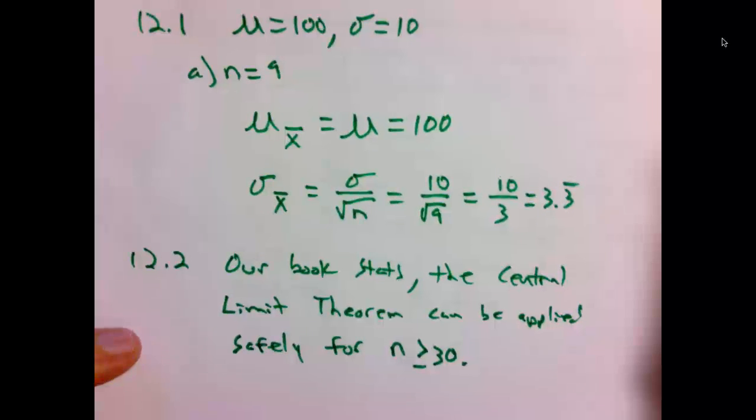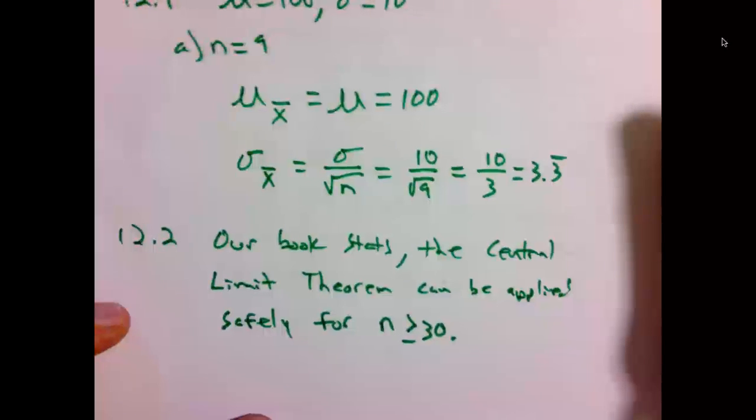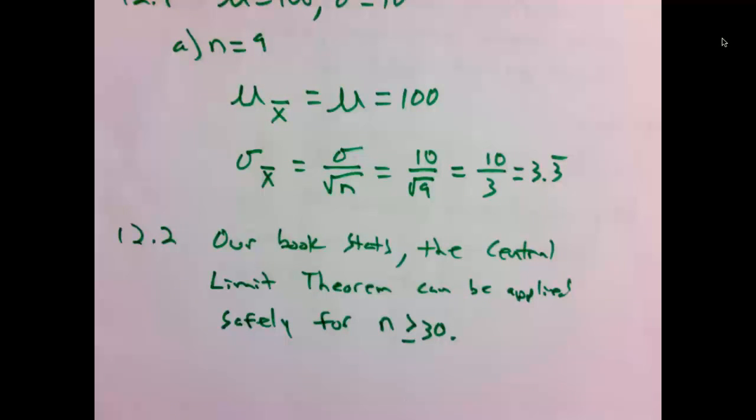The truth is it depends on our underlying distribution. If our underlying distribution is close to normal, it might take only a sample size of 2 or 4 maybe. But if our distribution is extremely skewed, it might take more than 30. But let's go with what our book says and say greater than 30 here.